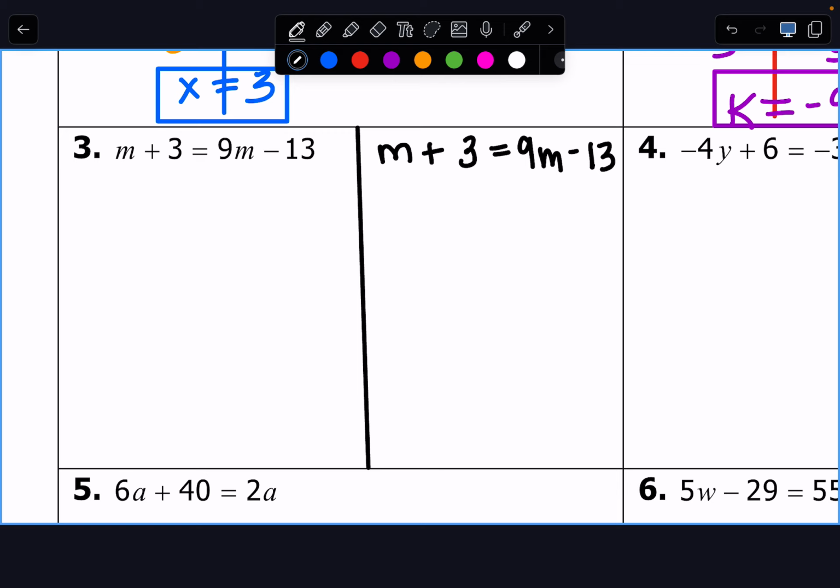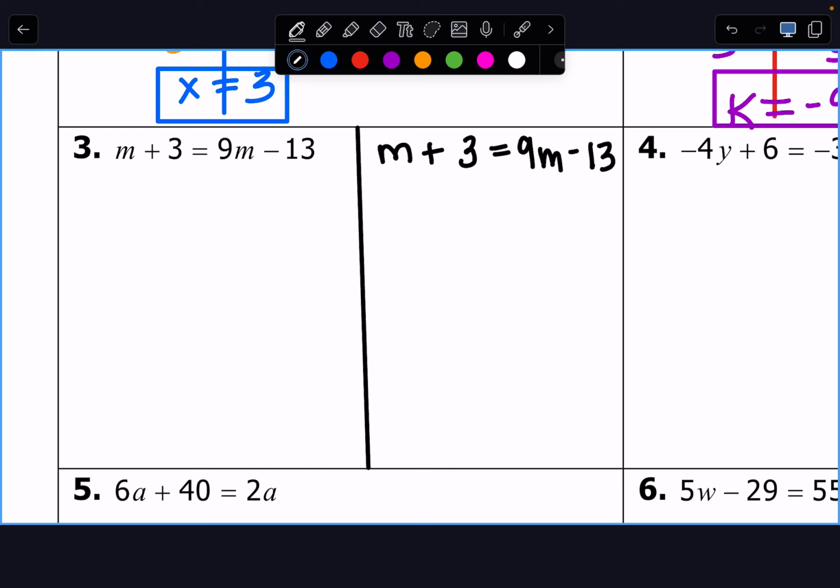So 1m minus 9m would give us what? Negative 8m. So negative 8m, and we still have this plus 3 equals the negative 13. Yep. So now you need to keep going on that one.